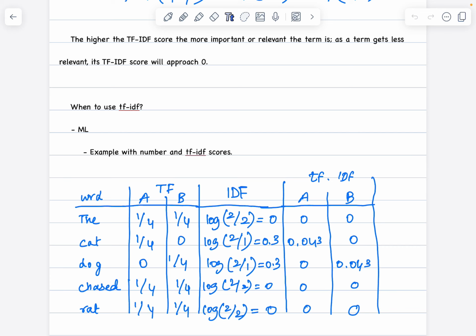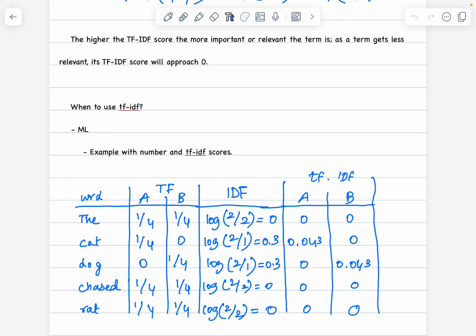The same goes for the word dog, and similarly for chased and rat. They appear in both sentences, so it is 1 by 4, 1 by 4, 1 by 4, 1 by 4. Now you calculate IDF. Since a word is appearing in both documents, it is log of 2 by 2, which is 0. For cat, IDF is log of 2 by 1, which is 0.3. Similarly for dog, IDF is log of 2 by 1, the same 0.3, and the rest are 0.